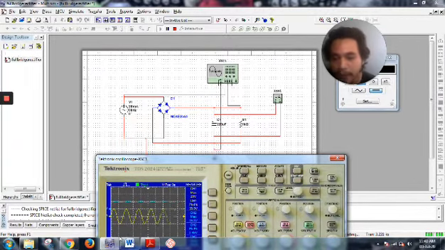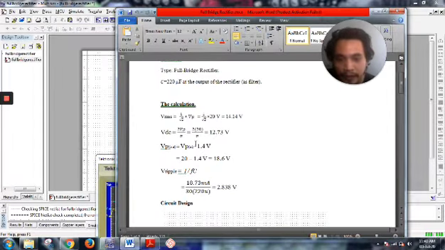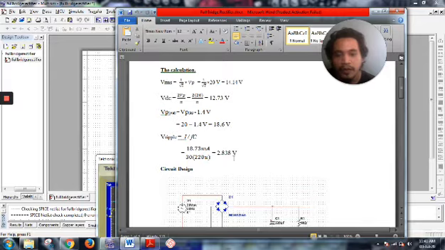So that's why we take the Vp in and subtract 1.4. Then this is how we calculate the V ripple, with current over frequency times capacitance, and we got 2.838.